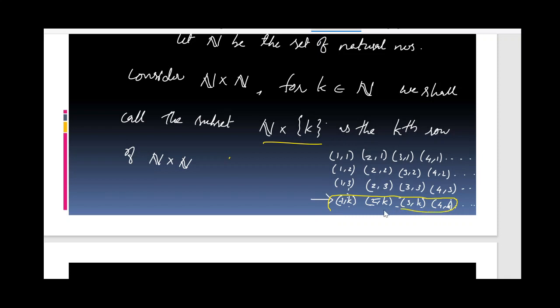This is my kth row. So N cross k is the kth row of N cross N.